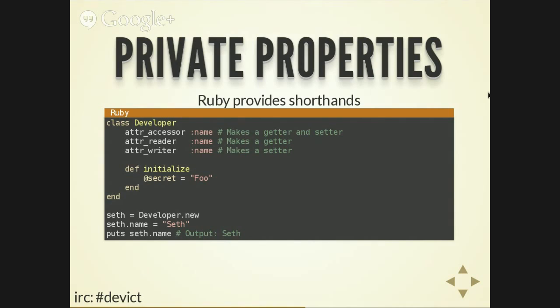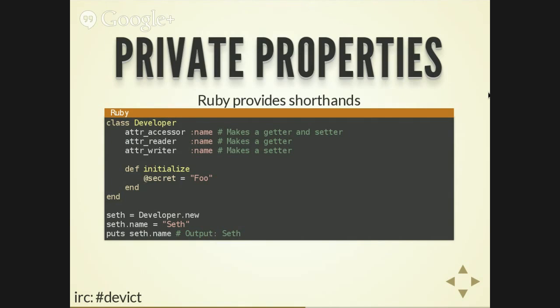When I call this function and I tell it name, it's going to define a get name and a set name function, a getter and a setter, on my class. So all I would have to have is attribute accessor, and then you can give it a comma separated list of the properties that you want to make available with getters and setters. And if you want to override it and make your own, you can later.